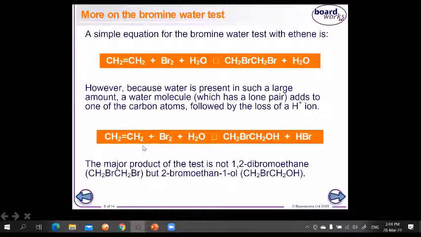The major product of this test is usually 2-bromoethan-1-ol, not 1,2-dibromoethane. So it's more common to have the alcohol version than the one with the bromine attached. There's a favored product in this reaction.